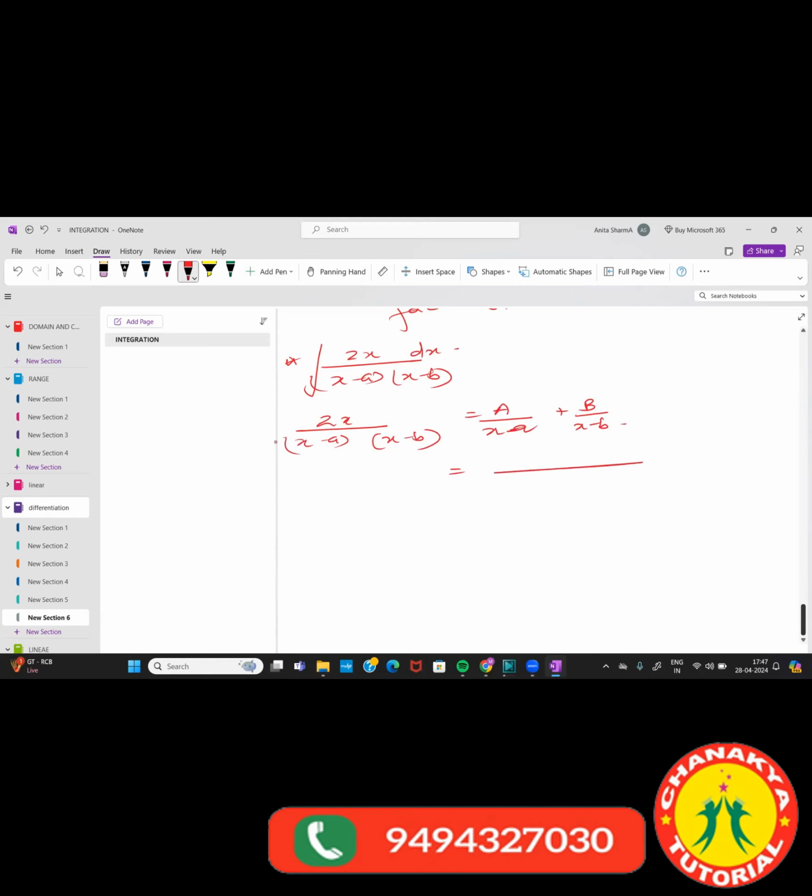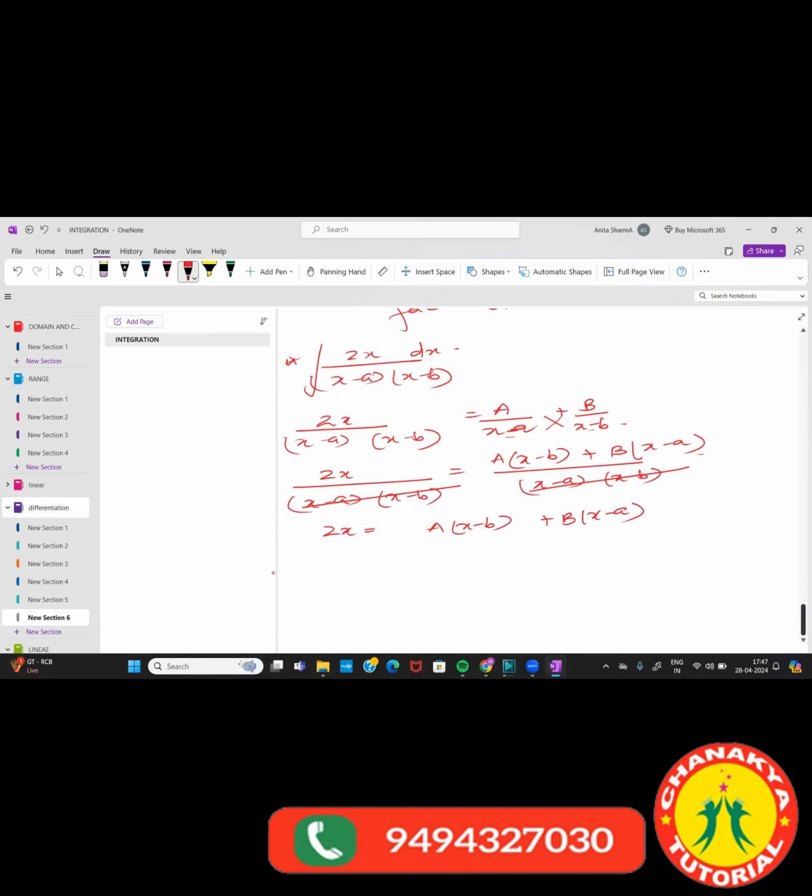Now your next step, children, is x − a into x − b, and here also on the left hand side. Now take LCM. When denominators are different, you can just cross multiply. So A into (x − b) plus B into (x − a). Now this will cancel. Right? Then 2x will be equal to A(x − b) plus B(x − a).